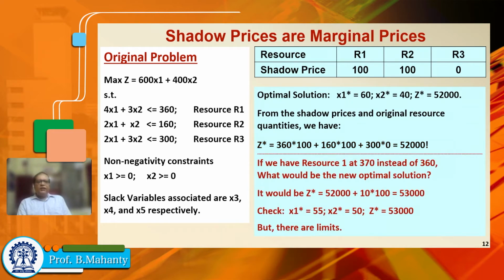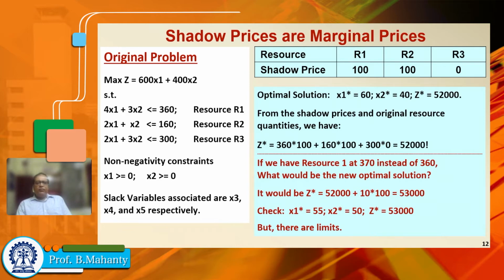Now you see, the shadow prices are also called the marginal prices. How are they marginal prices? They are marginal prices because suppose an extra amount is available. The original solution is 60, 40, and 52,000, and from the shadow prices also we can find that value: 360 into 100 plus 160 into 100 plus 300 into 0, that is 52,000. But suppose we have resource 1 available at 370 instead of 360.